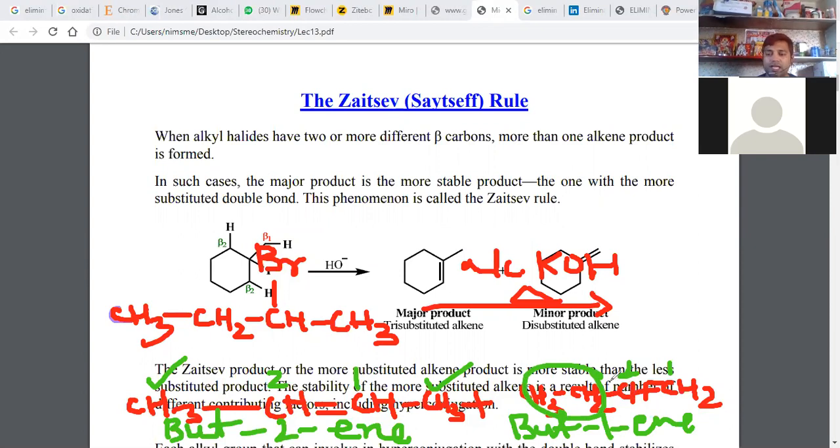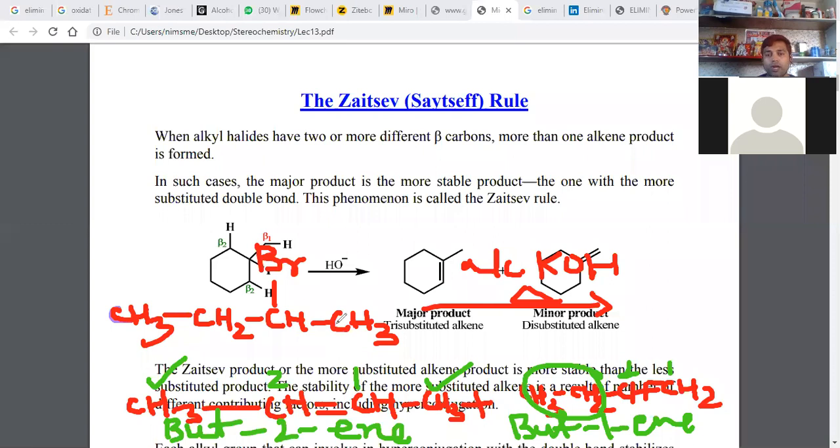So but-1-ene is less substituted, so this will be the minor product. And because but-2-ene is more substituted, this will be our major elimination product.